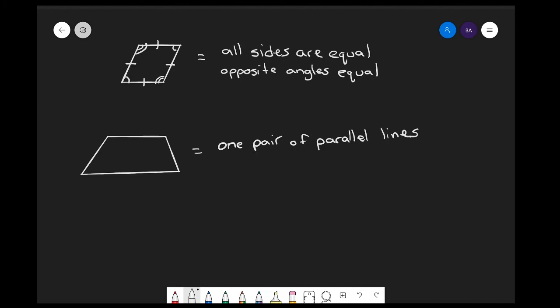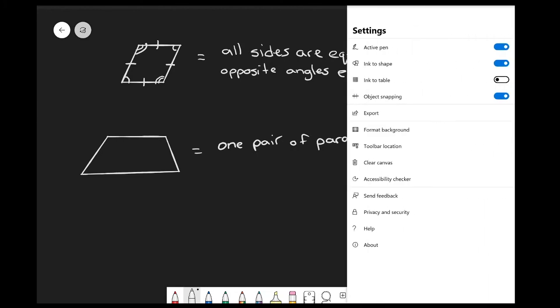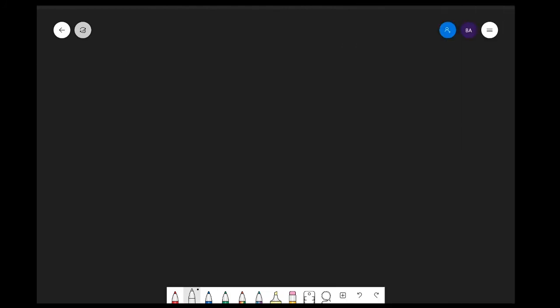Now, these are by no means all of the four-sided shapes that we can have. There are all kinds of them. So we can have a diamond shape, which some people argue is pretty much a rhombus that's on its side. And if you were to turn it, it would look like a rhombus.